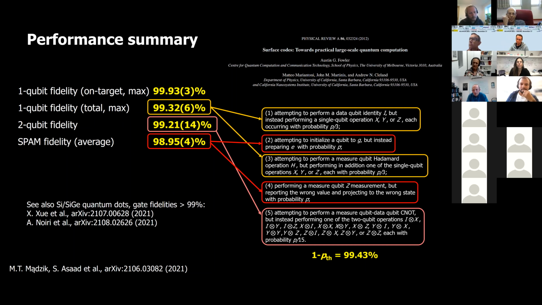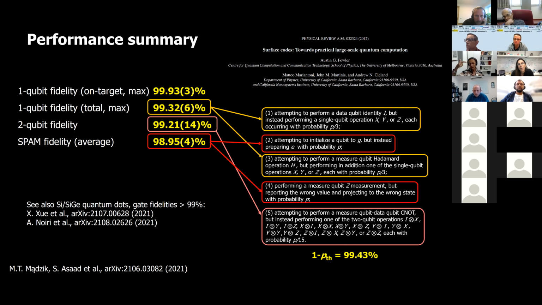Michael, if I may just suggest, I'm sharing this slide. I went through it, but in the interest of time, I flew over it. Basically, this is the slide that answers the question. To have a functional fault-tolerant quantum computer, there are various schemes, but the most popular one requires 99.4% fidelity on everything: on 1 qubit, 2 qubit, and state preparation and measurement.